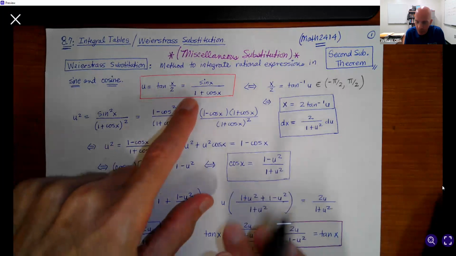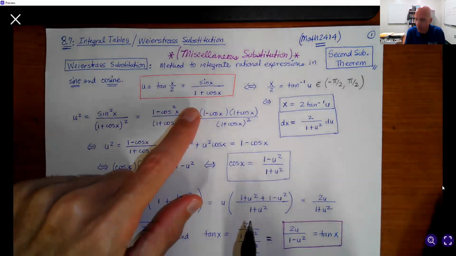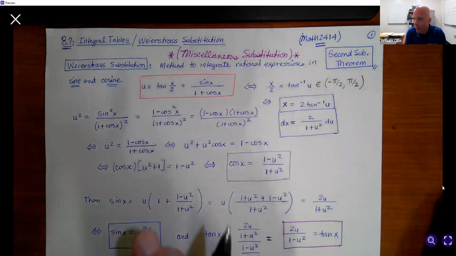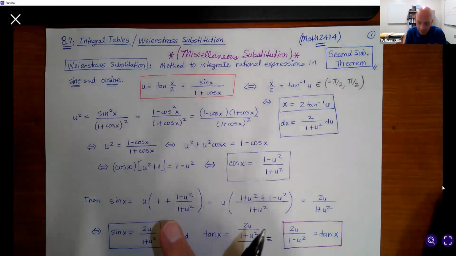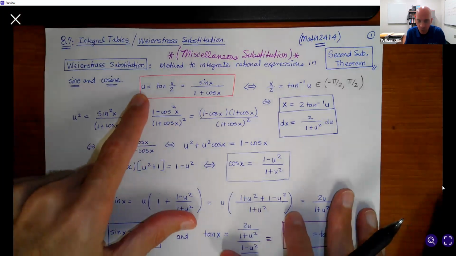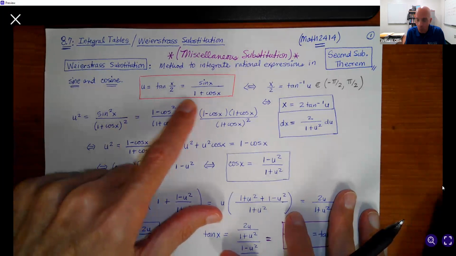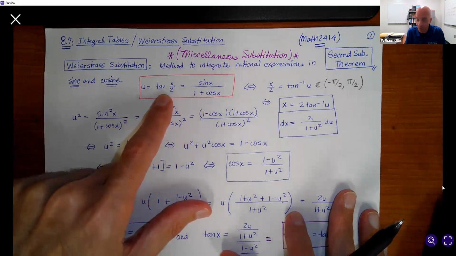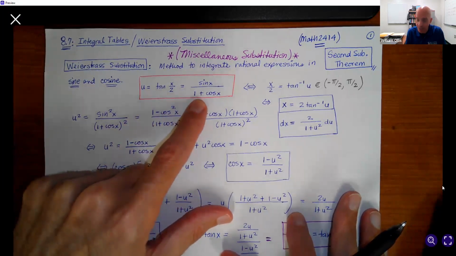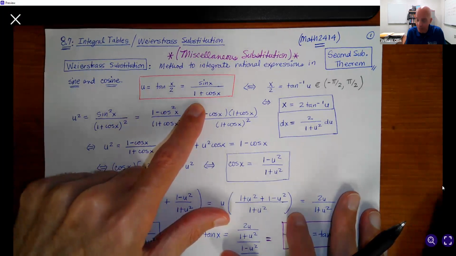So again, we'll just assume that our original variable is x. It'll be whatever variable the problem gives us. And so we're going to set u equal to the half angle formula for tangent. But we know from pre-cal that a way of rewriting this particular function is by this fraction, sine x divided by 1 plus cosine x.